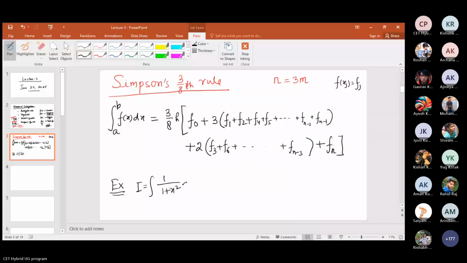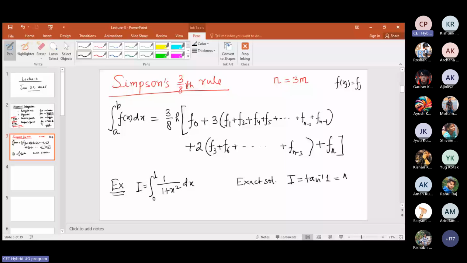Okay. Exact solution you already know. Exact solution is I is equals to, limits 0 to 1, tan inverse 1 minus tan inverse 0. So that will give you tan inverse 1, which will give you pi by 4.